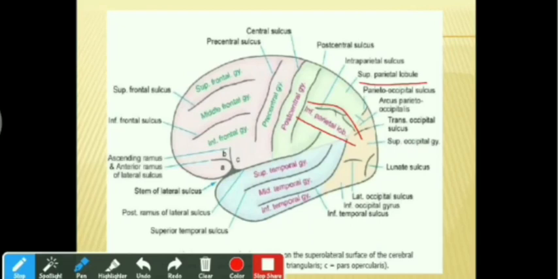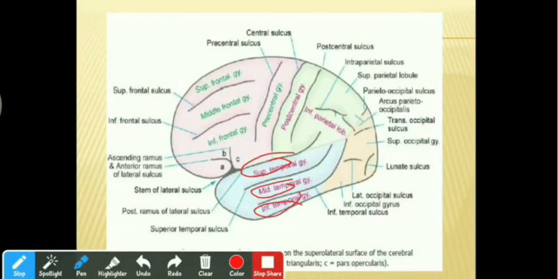In the temporal lobe, the superior and inferior temporal sulci run parallel to the posterior ramus of the lateral sulcus and divide the temporal lobe into superior, middle and inferior temporal gyri.